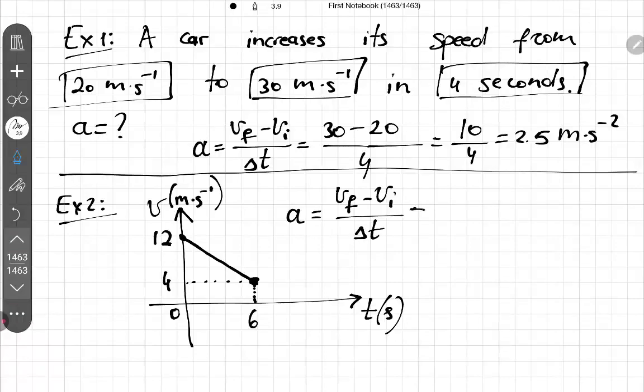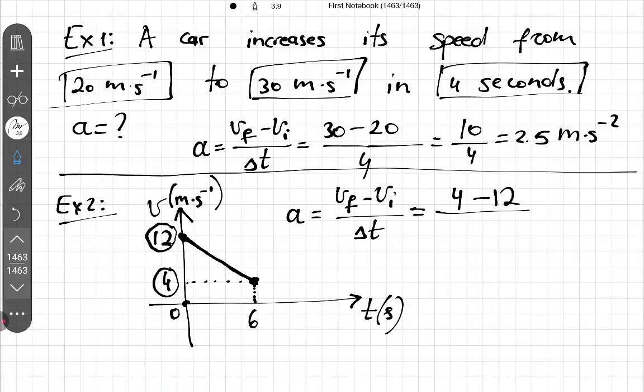So let's try to put the values. What is V final in this case? As you see, we started from 12. So this one is initial, right? We start from 12 and we decreased our speed to 4. So 4 is our final speed. 4 minus 12, the final one minus initial one, divided by the time needed.